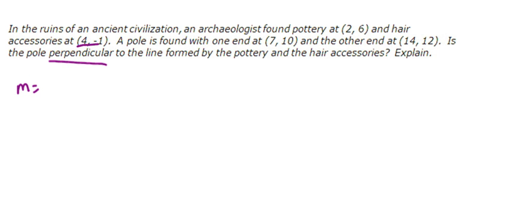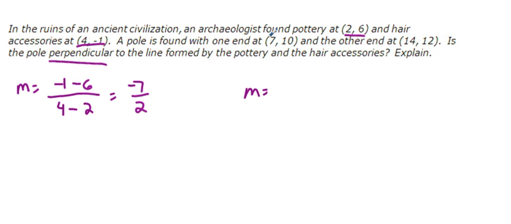So I look at the slope of the line formed by those 2 points. So y2, so -1, minus y1, so 6, over x2, so 4, minus x1, so 2. -1 minus 6 is -7. 4 minus 2 is 2, and that doesn't simplify.